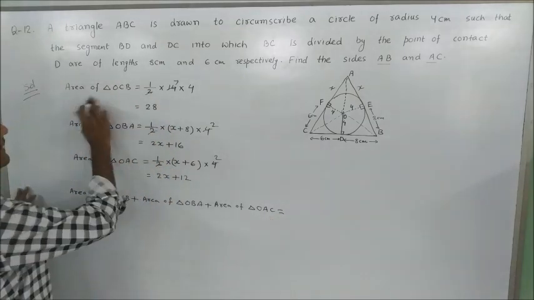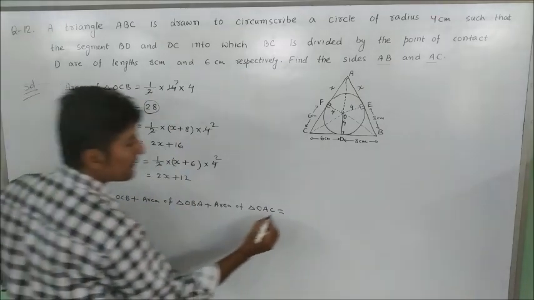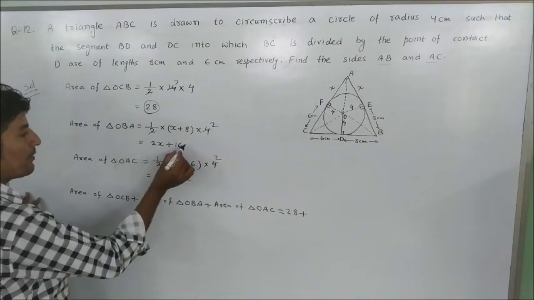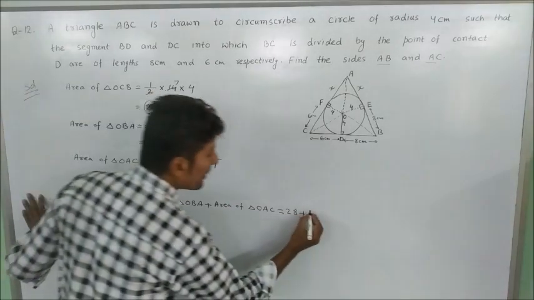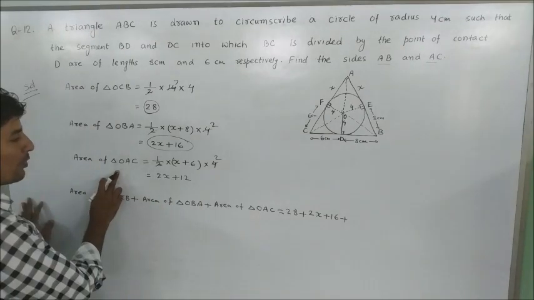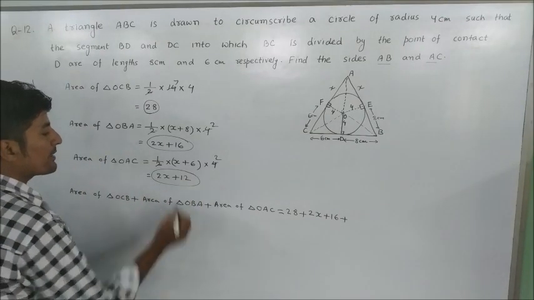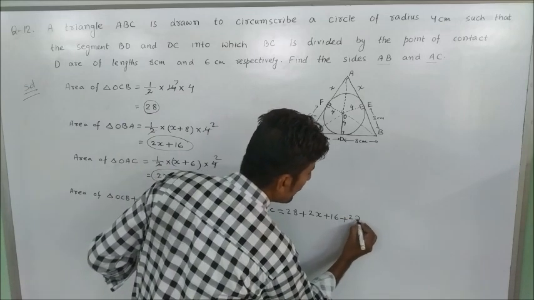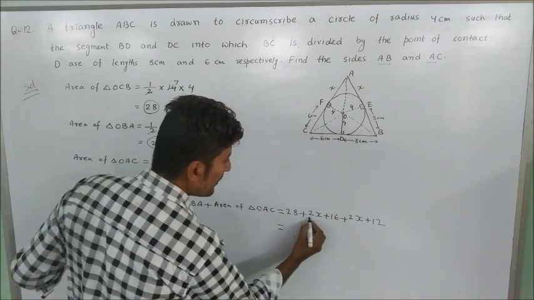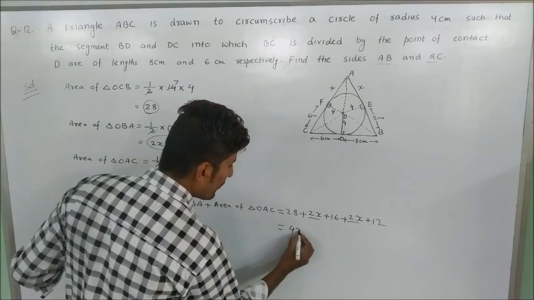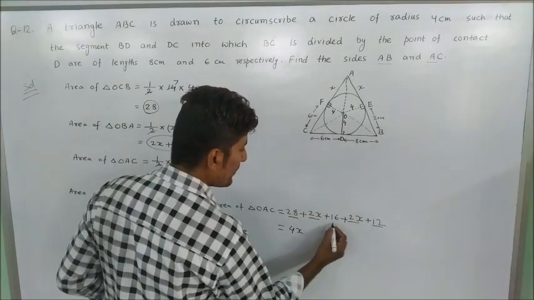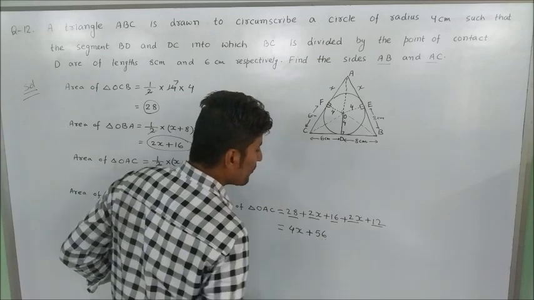Area of triangle OCB is 28 centimeters square, plus area of triangle OBA, 2x plus 16, plus area of triangle OAC, 2x plus 12. After solving this, we will have 2x plus 2x equal to 4x. Now here we will add 28 plus 12, 40, plus 16, that will be equal to 56.